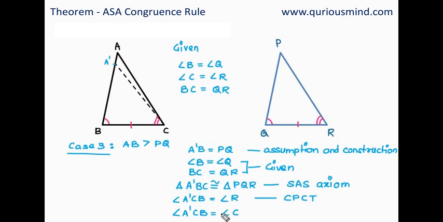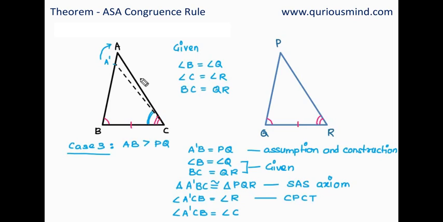That's given. And now we see that this angle is equal to this angle C. But that is not possible unless point A dash coincides with point A. When point A dash coincides with point A, that is possible.